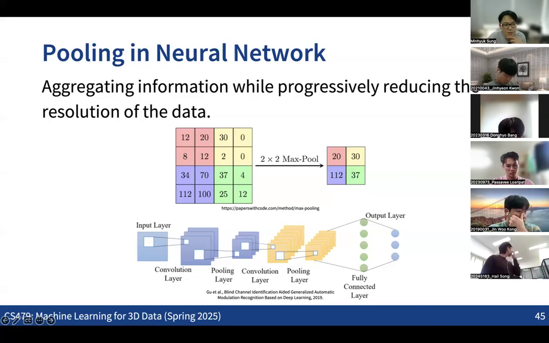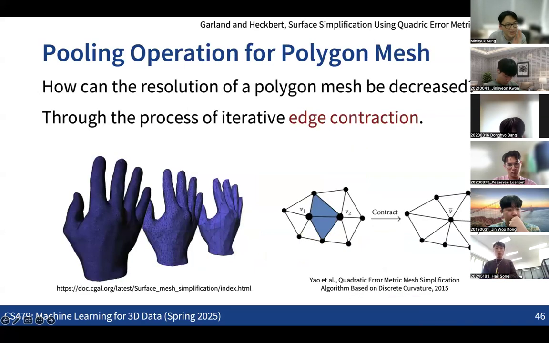But when you have an arbitrary mesh structure, how can we progressively reduce the resolution of the meshes? If we can do that, then we might be able to introduce a pooling operation for meshes as well. I'm not going to go deep into this idea; it's just one interesting idea.